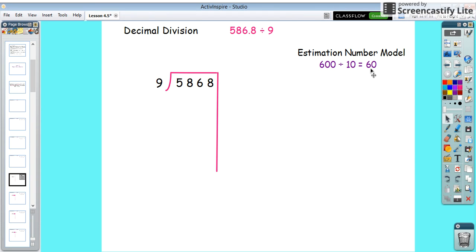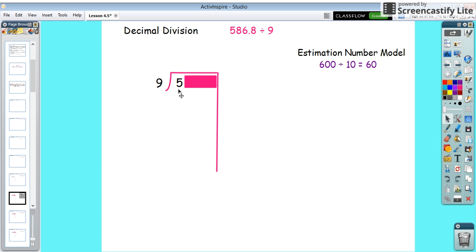So now we are going to divide. I rewrote this problem and ignored the decimal point, so I just wrote it as 5,868, completely ignoring that this 8 is in the tenths place. We're going to divide using partial quotients. The first thing I do is cover up everything but the thousands place. How many times does 9 go into 5?